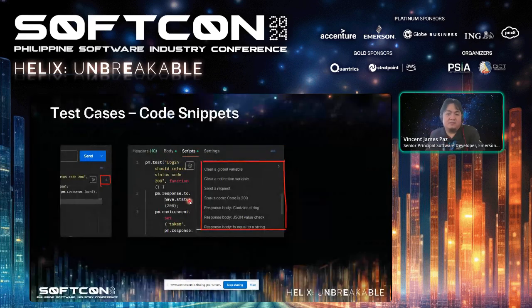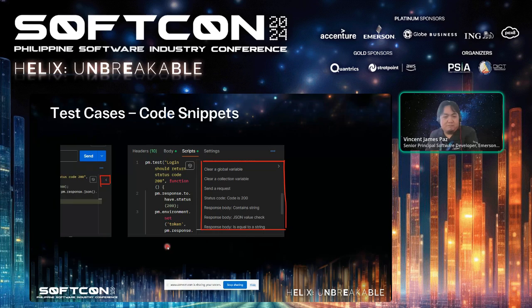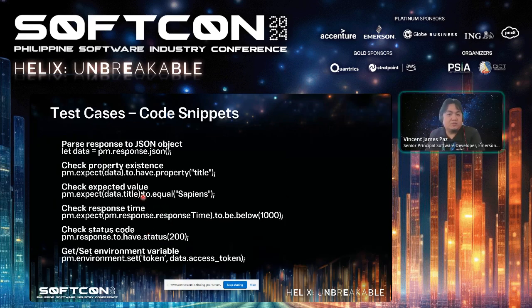Okay, next item. These are the example code snippets that you can use. If you want to parse the response into JSON, you can use the pm.response.json function. If you want to check if the property exists, you can use pm.expect to have property, then the name of the property.